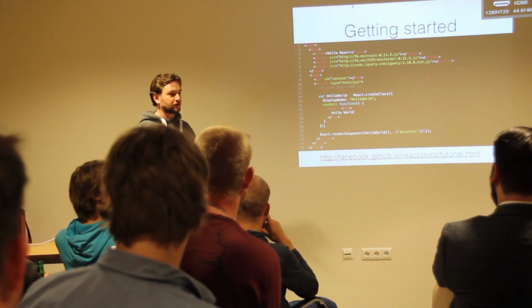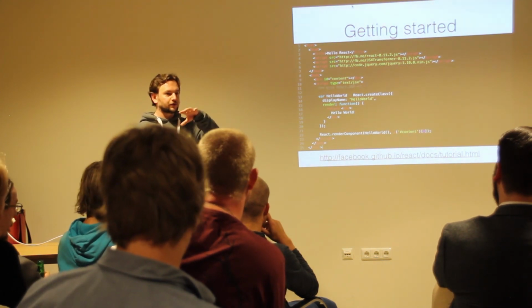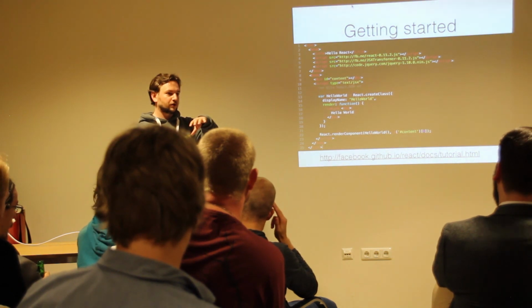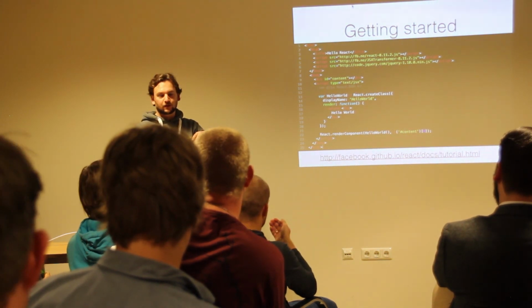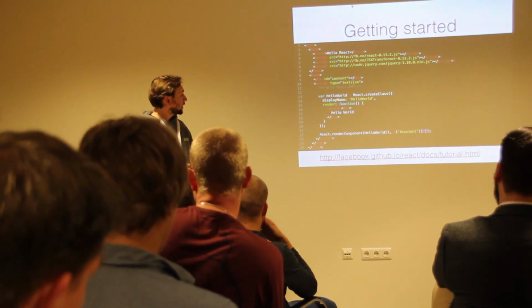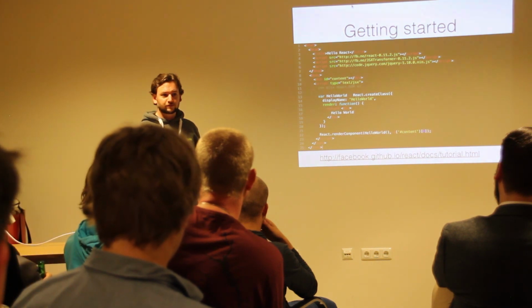If you've got a static application, you can just take one DOM node that's quite far in your tree of DOM nodes and put one React component in it and play around with it. You don't have to rewrite your whole application at once. So, is everybody clear on how this works, the basics of React?